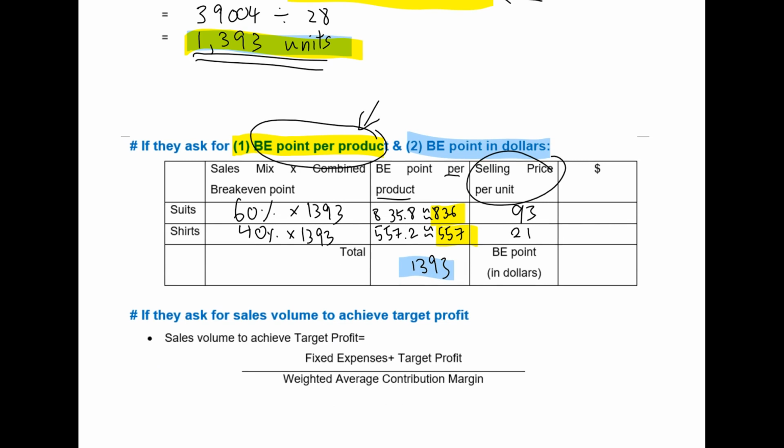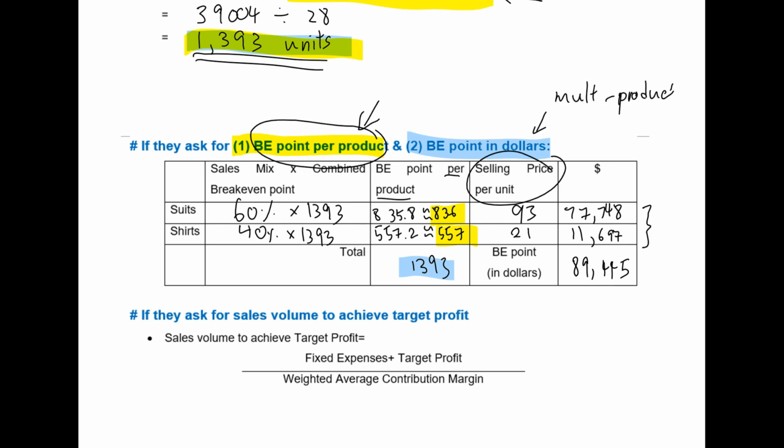So 836 times 93, you would get 77,748, and 21 times 557, you would get 11,697. If they ask for the break-even point in dollars, you add these two up: 11,697 plus 77,748 gives you 89,445. This is how you find your break-even point in dollars for a multi-product company.